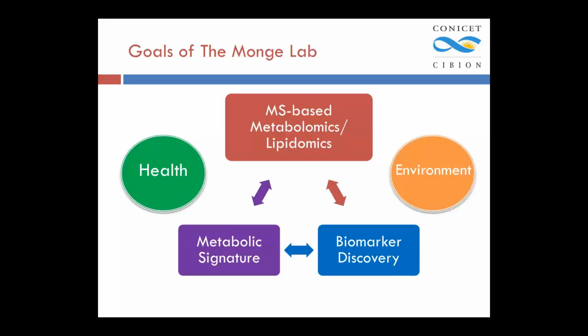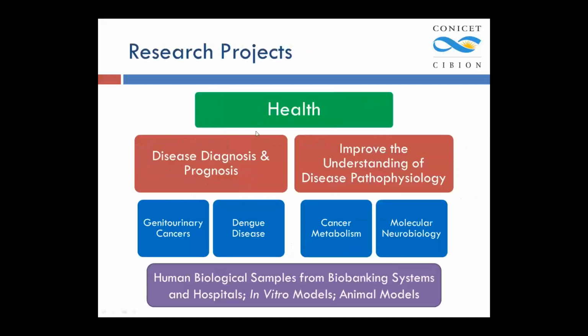So most of our research projects, as Cici mentioned in the introduction, are focused on health-related applications. In particular, we aim at finding these metabolic signatures or fingerprints that would allow us discovering potential biomarkers for disease diagnosis and prognosis, and for the improvement of the understanding of disease pathophysiology.